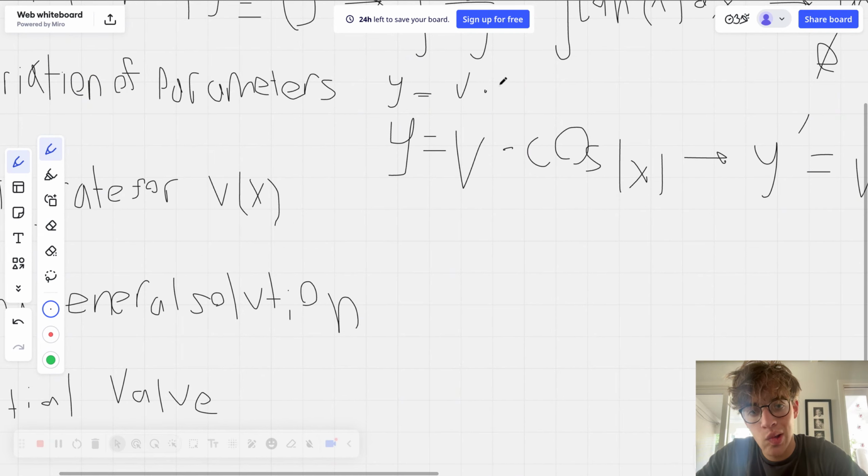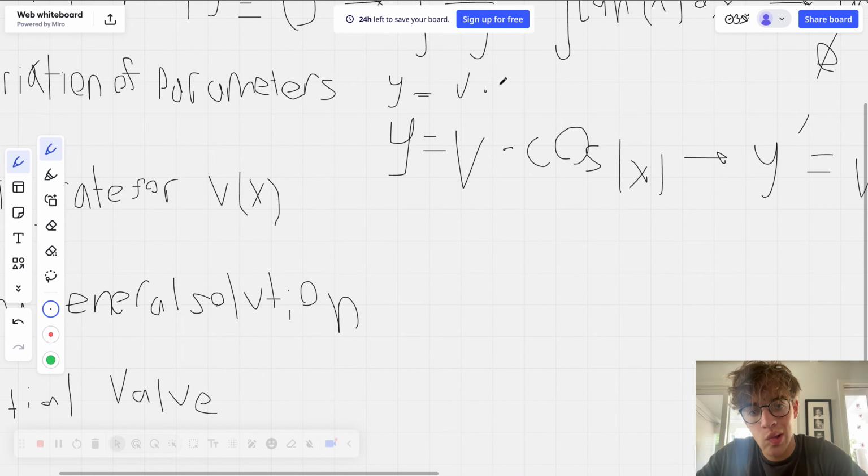So substituting this into our original equation, we got y prime, so v prime cosine x minus v sine x, and this is in parentheses to be a bit more clear.